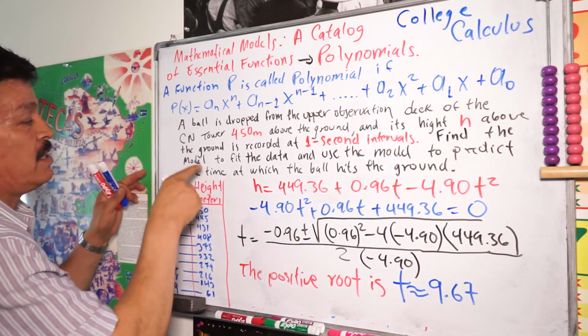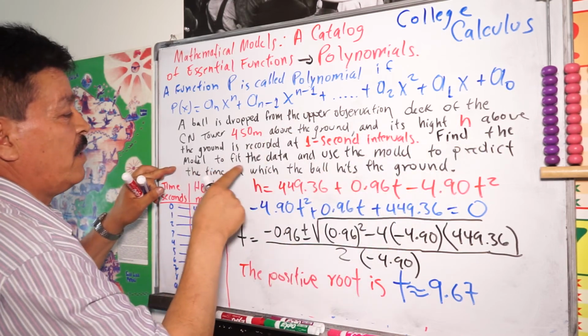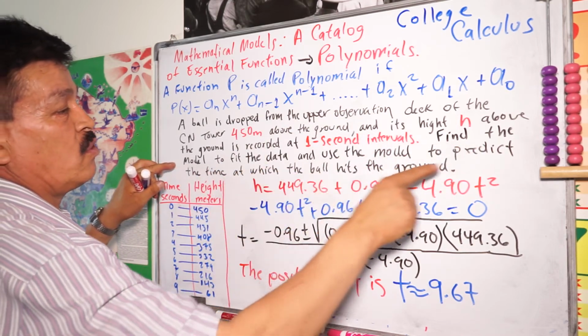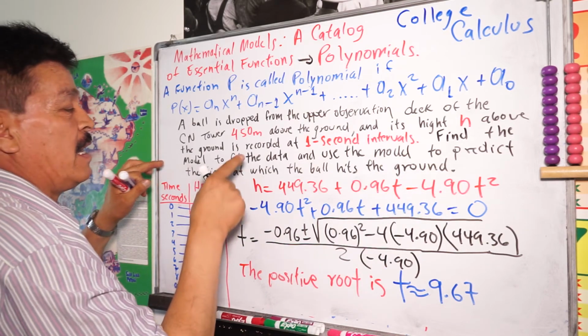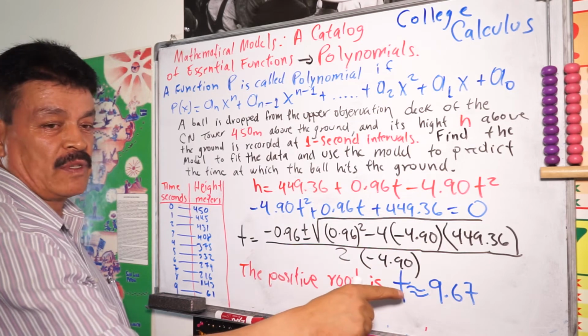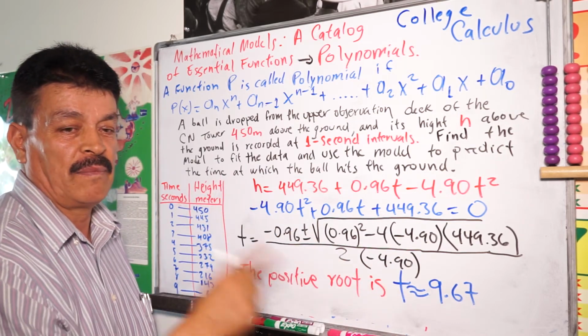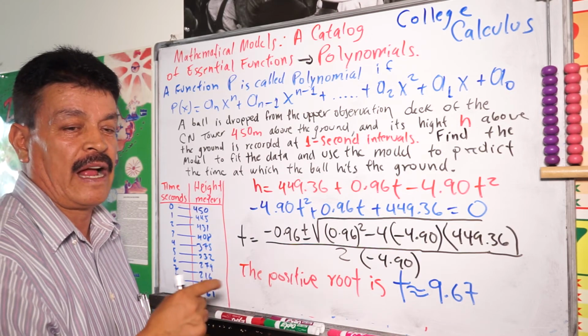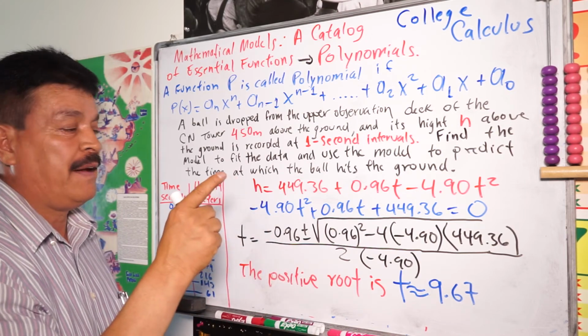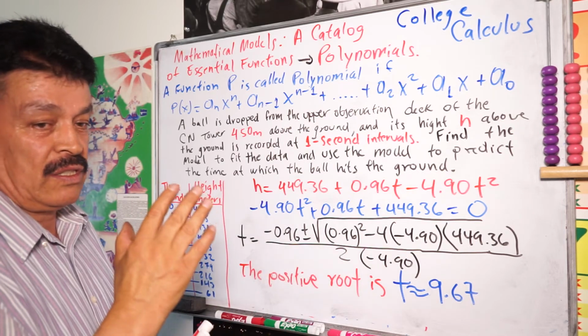So look at the question. Go back to the question. Find the model to fit the data and use the model to predict the time at which the ball hits the ground. What is the time? So we predict that the ball will hit the ground after about 9.67 seconds.